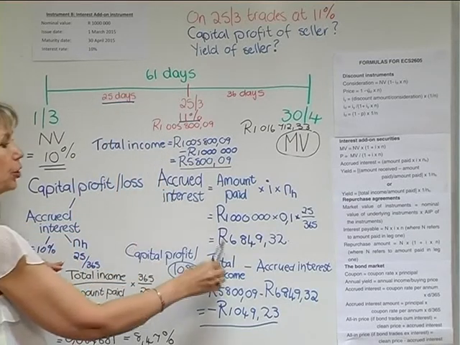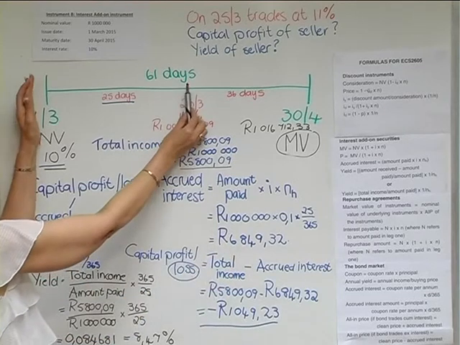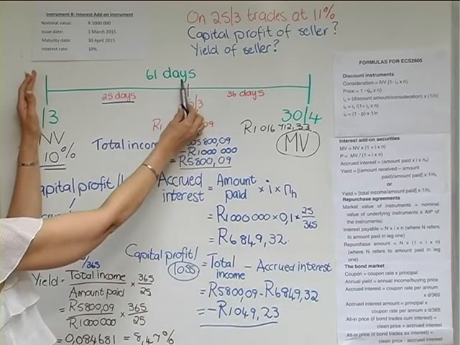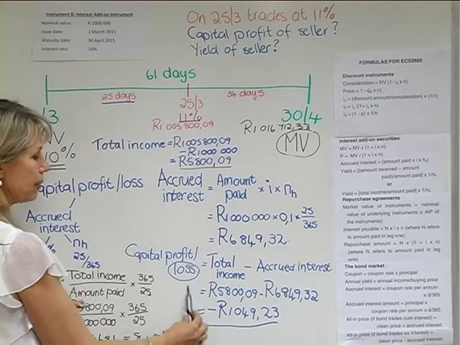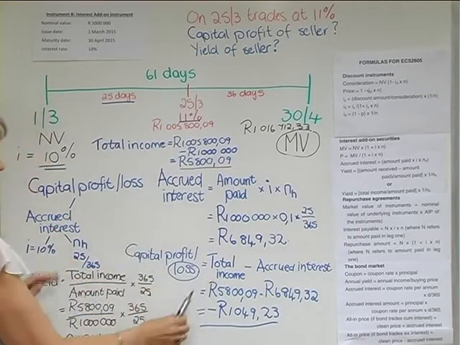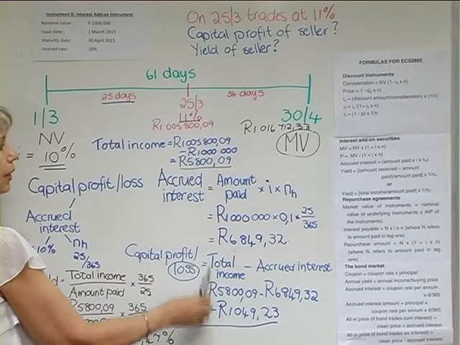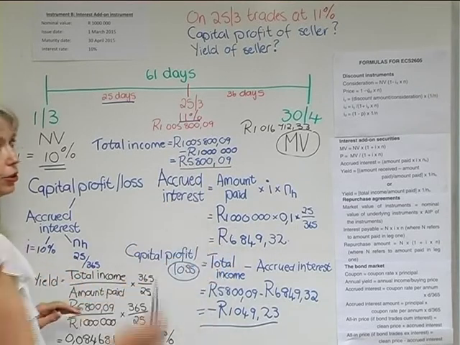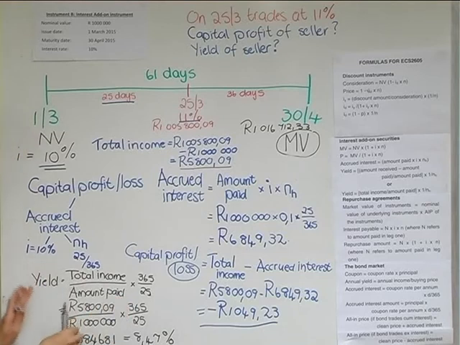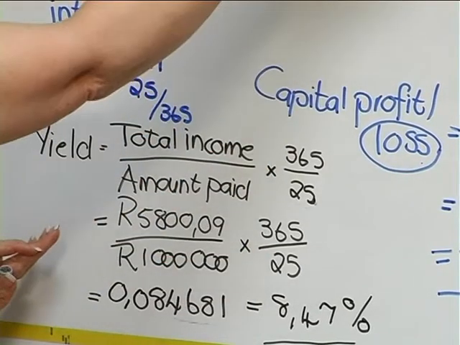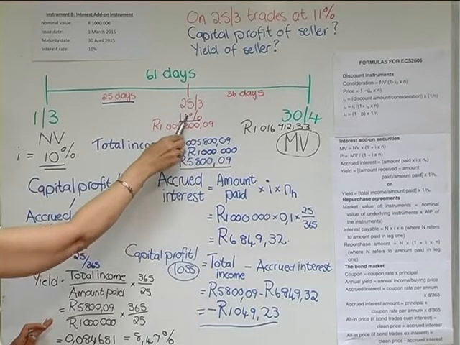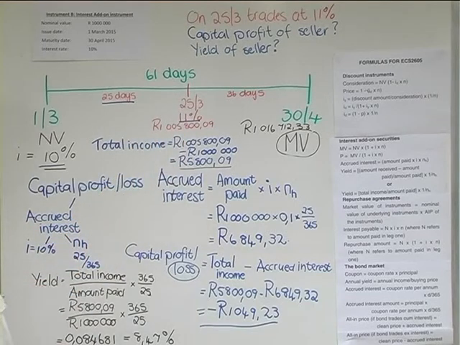We looked at the accrued interest that the seller earned or would have earned for this period. We calculated the seller's capital loss by comparing the total income and the accrued interest. And then finally, we calculated the yield of the seller when it was sold in the secondary market for an interest rate that was higher than the interest rate at which it was bought.